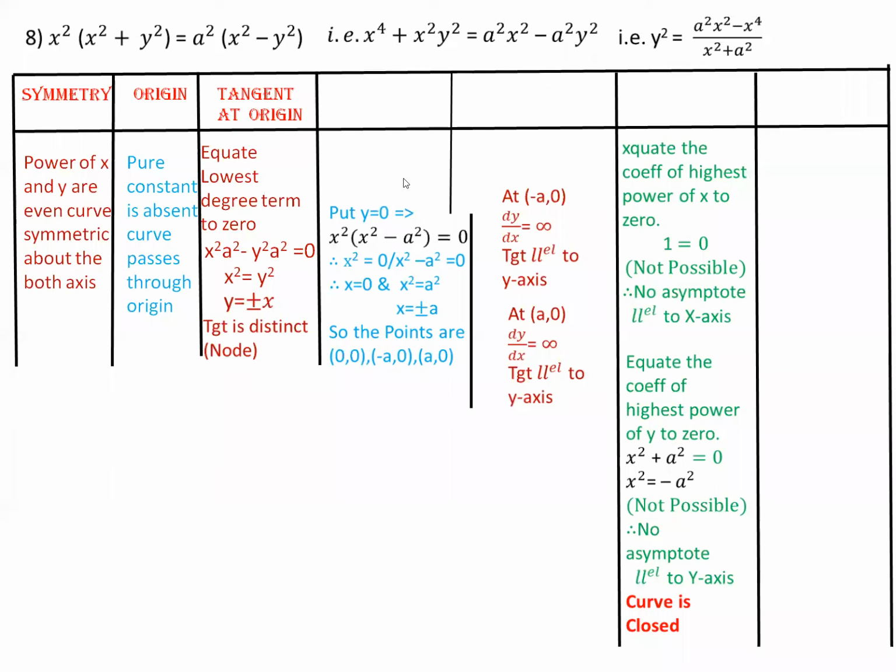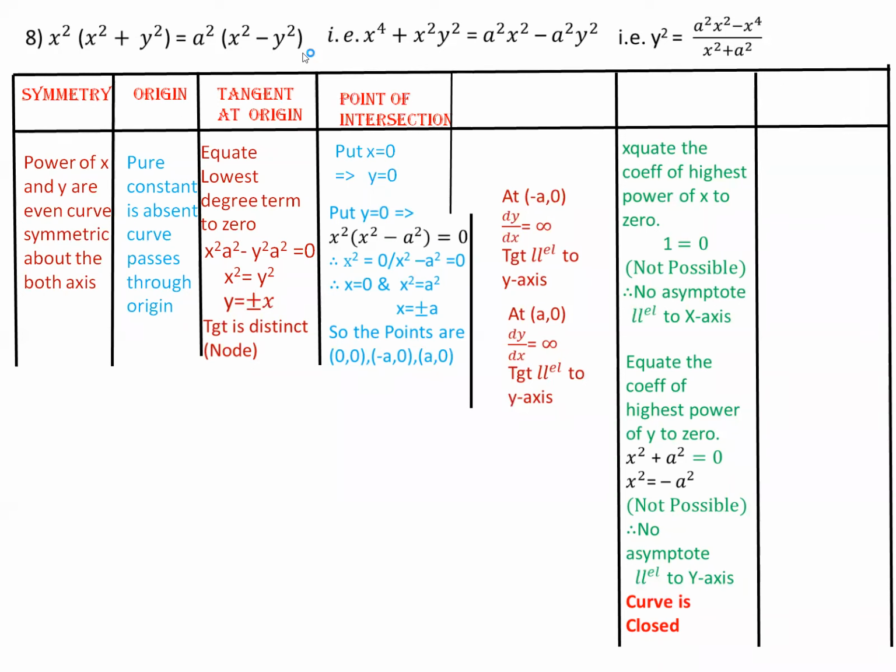The next thing we are taking is the points of intersection. If x is equal to 0 in the given equation, we are getting y is equal to 0. And when y is equal to 0, we get the equation like this: x square into bracket x square minus a square.